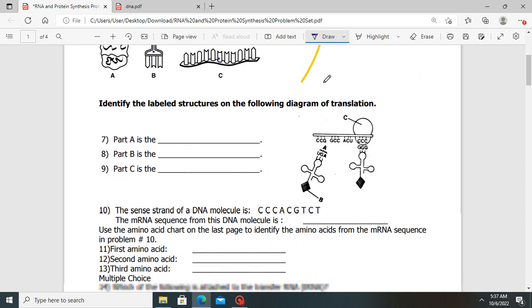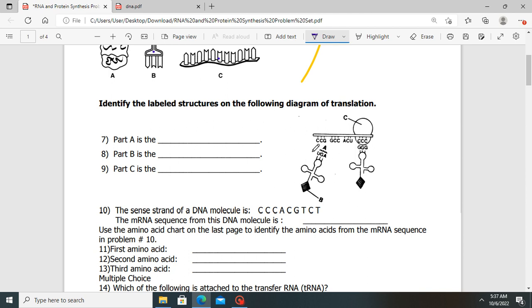Question 7. Identify the labeled structures on the following diagram of translation. We have this as the messenger RNA. We have the triplet of bases as the codons.